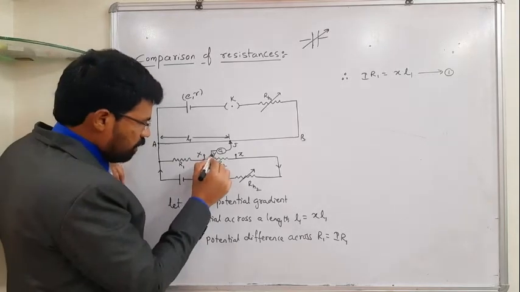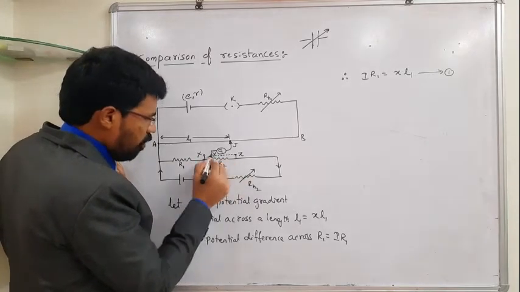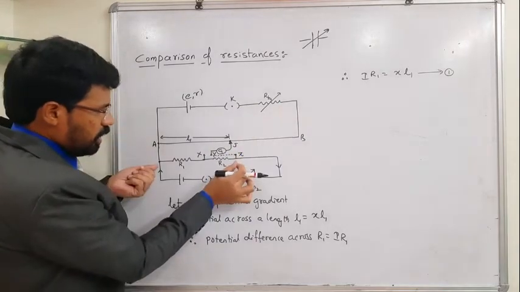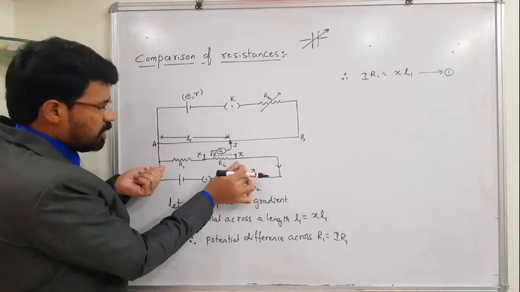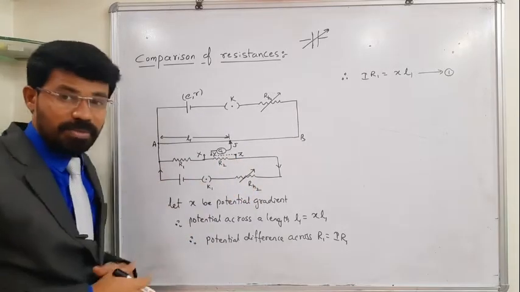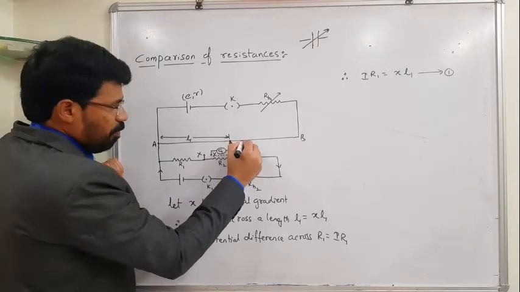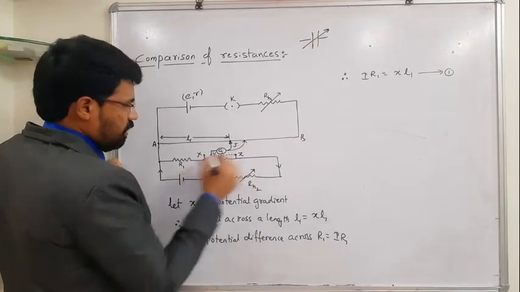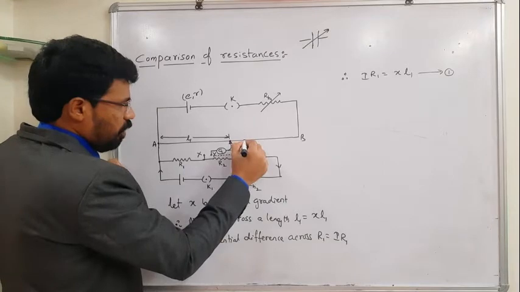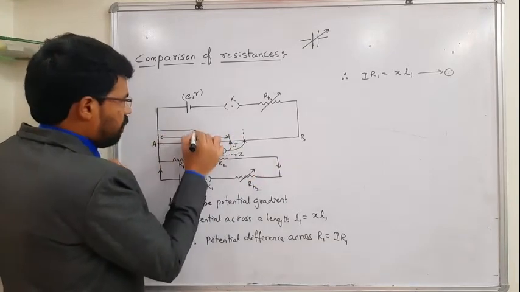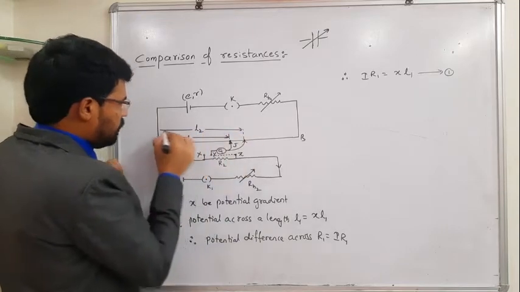Now, I am going to make a contact between Y and Z. It means this potentiometer is connected across this series combination of resistances R1 and R2. In series combination, what will be the effective resistance? R1 plus R2. So if you find a balancing length somewhere here for this R1 plus R2, let that balancing length be L2. How much is that balancing length?